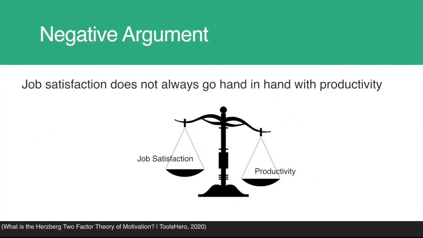Another point of judgment is that the two-factor theory assumes that job satisfaction goes hand in hand with increased productivity. Even though this might be partially true, there are without a doubt reasons to disagree with this statement. Herzberg failed to take into consideration external factors that might affect employees' productivity, despite being satisfied at work.